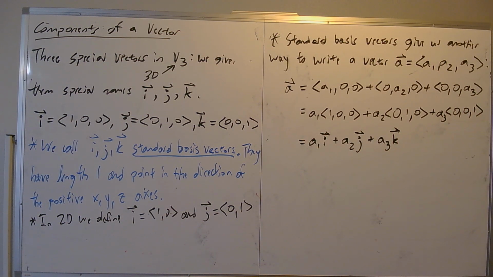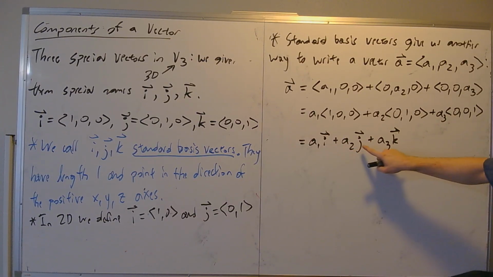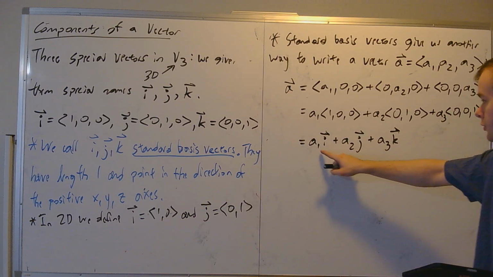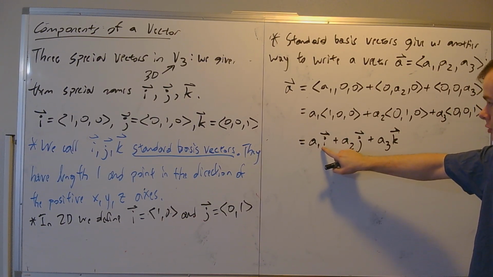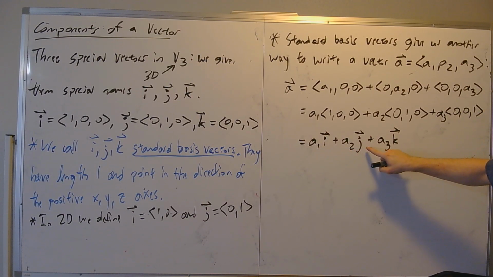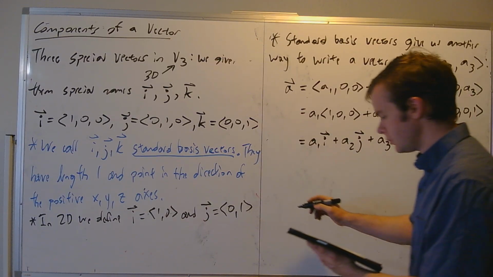All this is saying is whenever we have any vector, we can always break it up as some number times the vector i plus some number times the vector j plus some number times the vector k. That just tells us how much we have in each direction: how much we have in the x direction, how much in the y direction, and how much in the z direction.